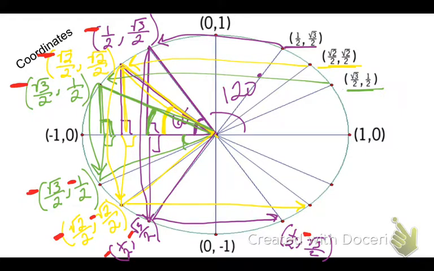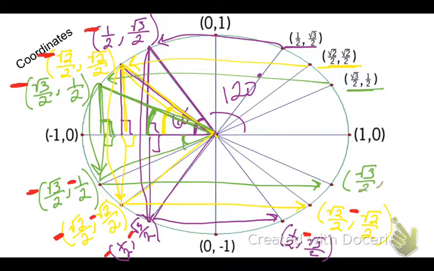Reflect square root of 2 over 2, comma, square root of 2 over 2. Y value is negative. Reflect square root of 3 over 2, comma, 1/2. Y value is negative.